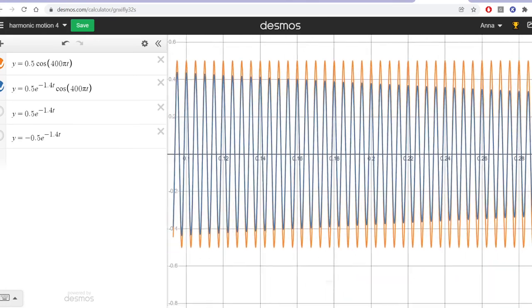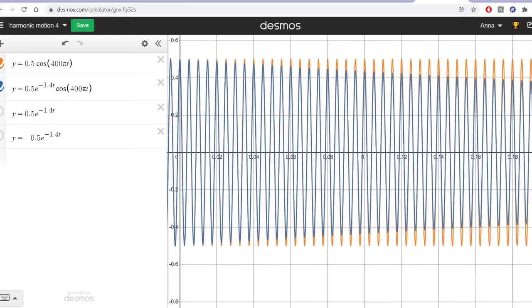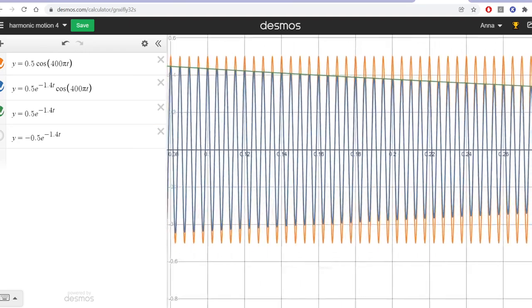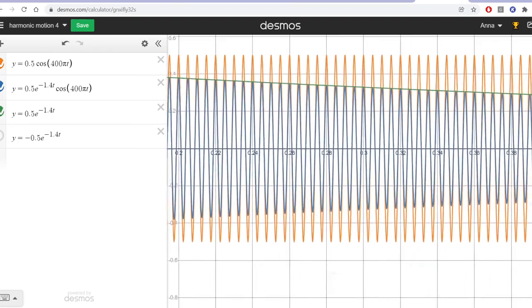And why is that? Well, again, it's because we're multiplying the simple harmonic motion function with this exponential decay function. So I want to show you what that would look like on its own. This green function is if you graphed just 0.5 e to the negative 1.4 t, and you can see that it traces out where the tops of these are going.